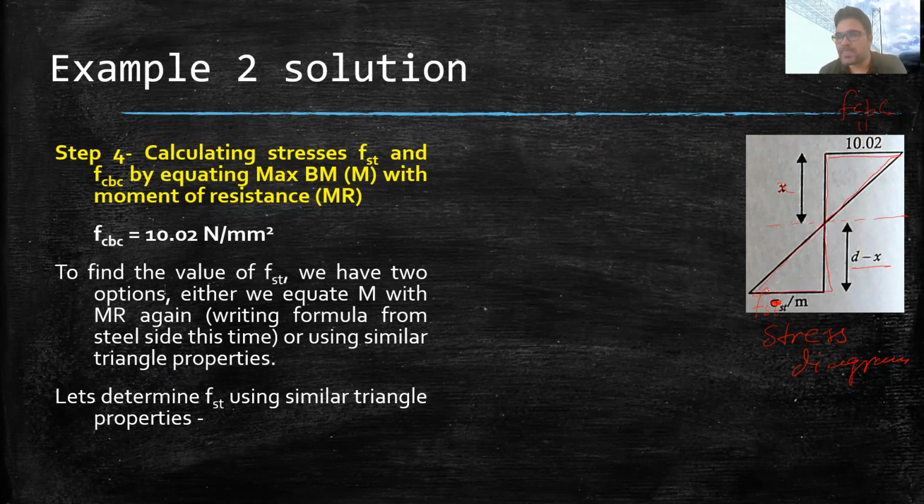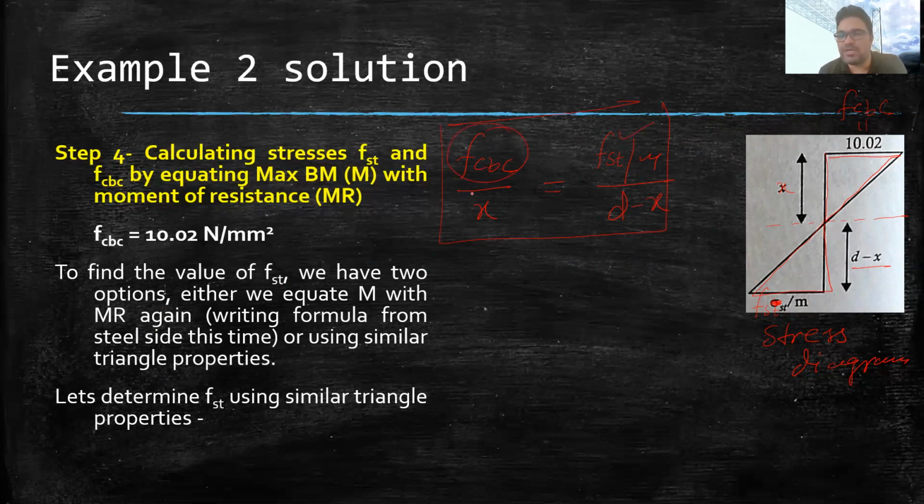So that is why we can use the proportion. The same phenomena I have discussed in previous lectures also, and the same I will be using. If I write FCBC upon X, then this proportion will be equivalent to FST by M upon this distance, which is D minus X. So this relation we can use to find out the value of FST.